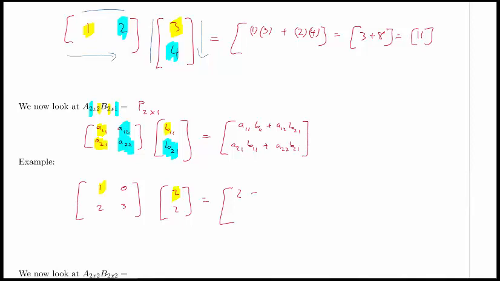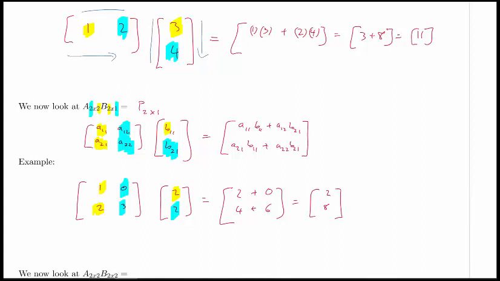So the answer there is 2, and then plus 0 going into the 2, and of course that will be 0. Then we go to the next element. 2 times 2, which is 4. And then 3 times 2, which is 6. So this ends up being the matrix 2, 8.